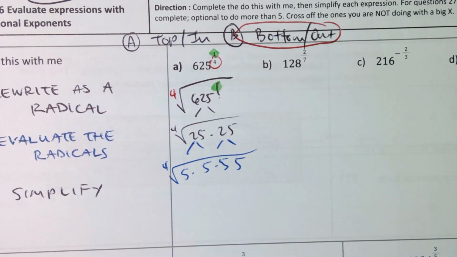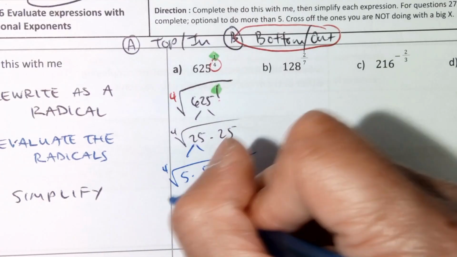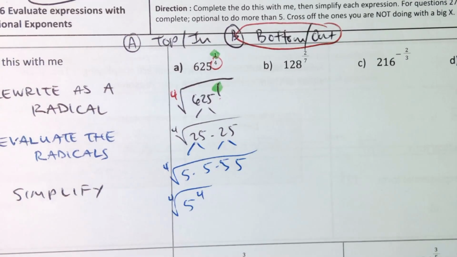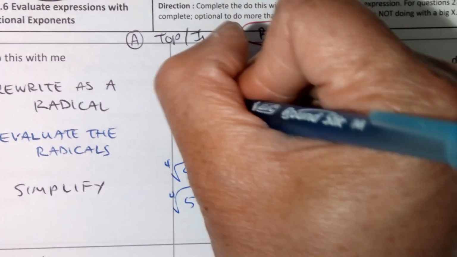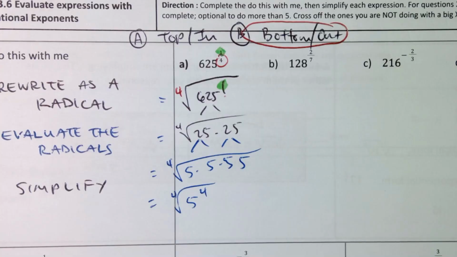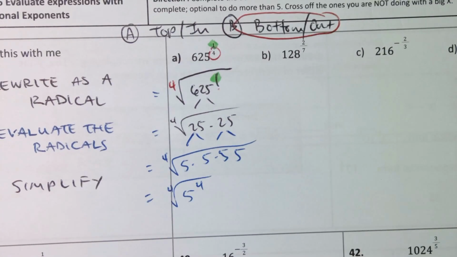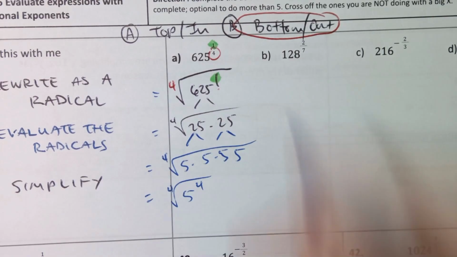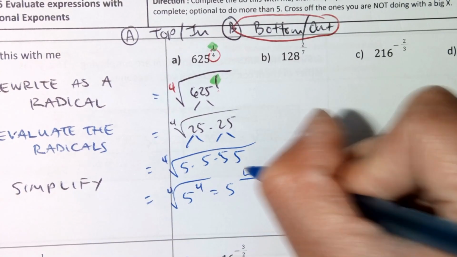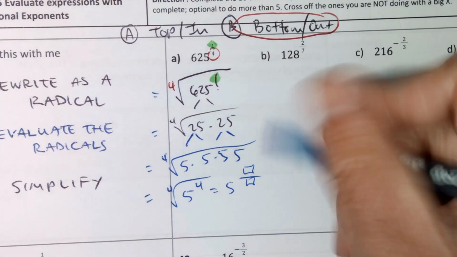Okay, so essentially, how many 5s do I have? I have 4 5s. Okay, so basically that is 5 to the 4th, right?